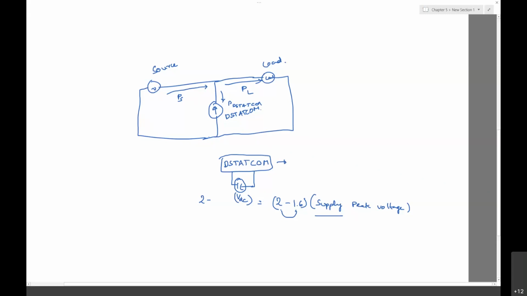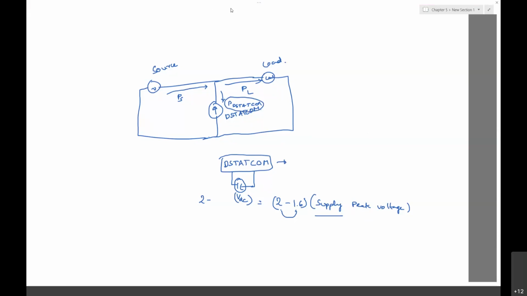The point I want to highlight here is that it is going to take real power. It takes real power. Here I'm going to explain one of the theories based on this background, the real power taken from the source.